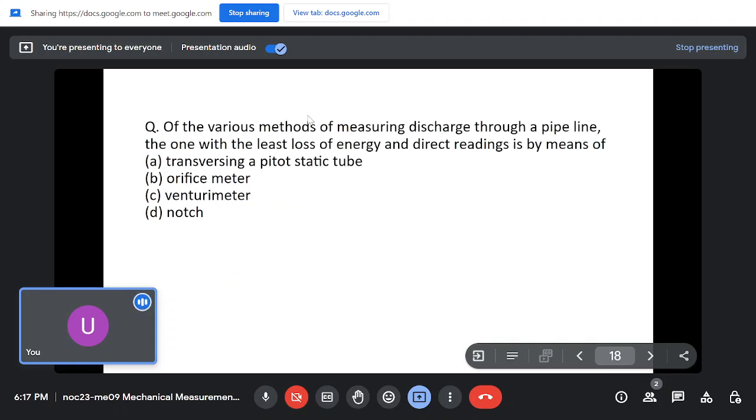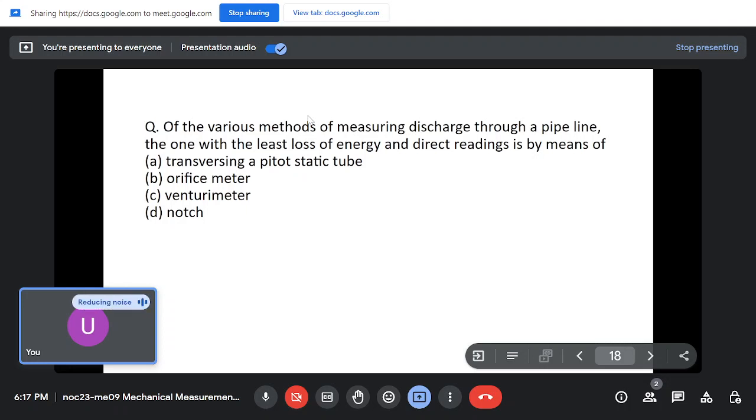So the next question is: of the various methods of measuring discharge through a pipeline, the one with the least loss of energy and direct reading is by means of option A, transversing a pitot static tube; B, orifice meter; C, venturi meter; option D, notch.